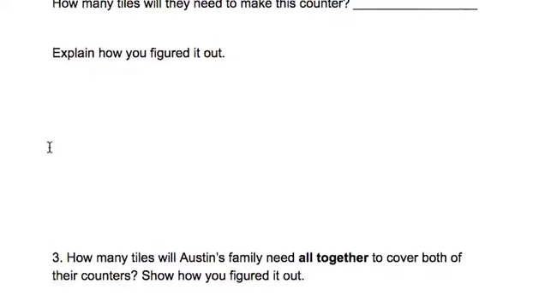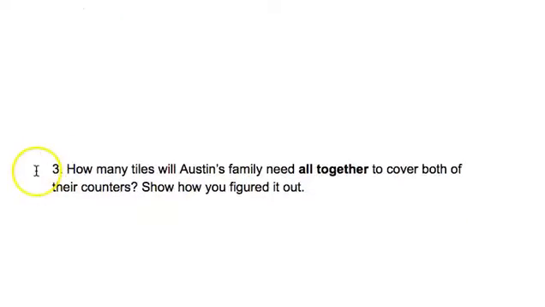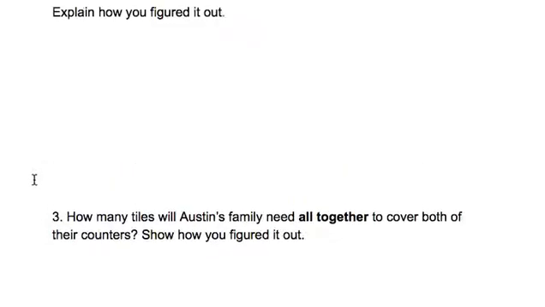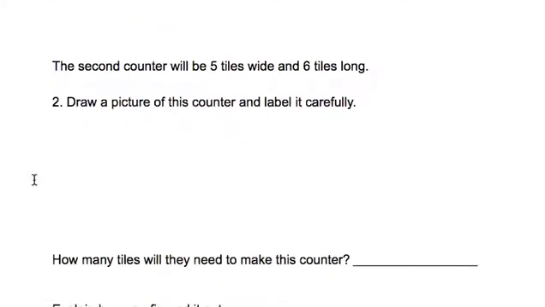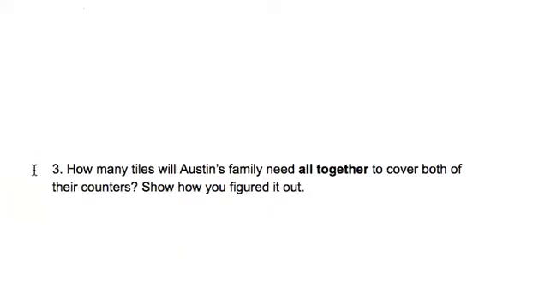And explain how you figured it out. Finally, how many tiles will Austin's family need all together to cover both of their counters? And show how you figured it out. So use what you did in number 2 and number 1 to answer this final question. Be sure to show all of your work and do your best to show how many tiles Austin's family needs to cover their counters. Good luck.